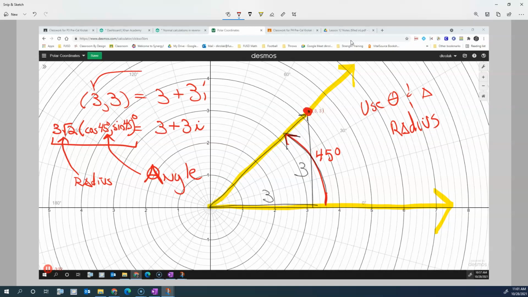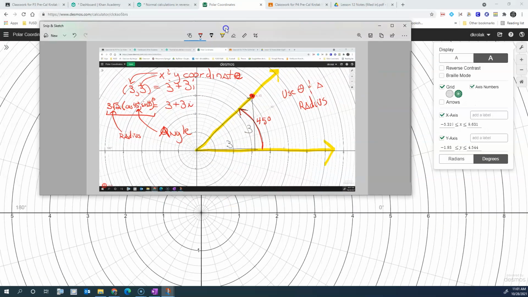This is describing the point using an x and a y coordinate. So you can describe the same location using an angle and a radius, or an x and a y coordinate. The angle and the radius is known as polar coordinates.